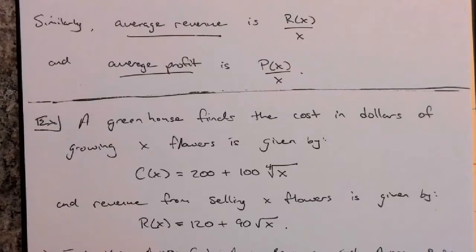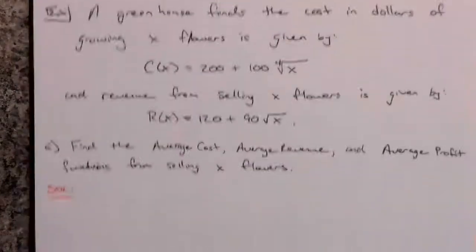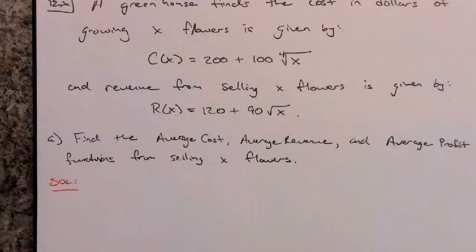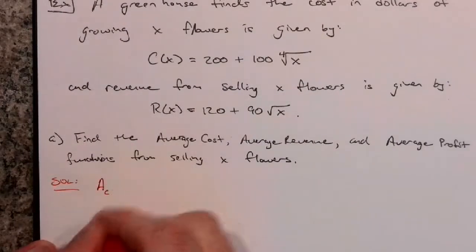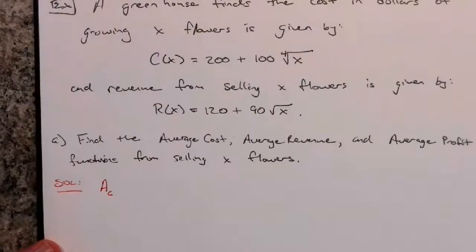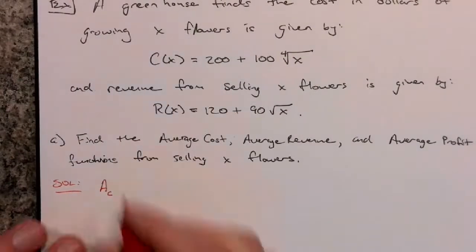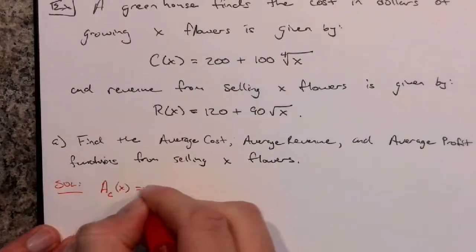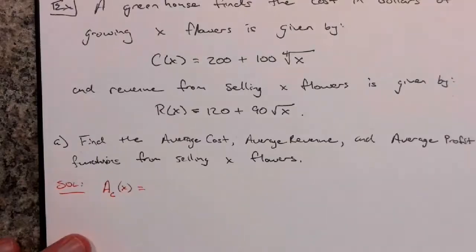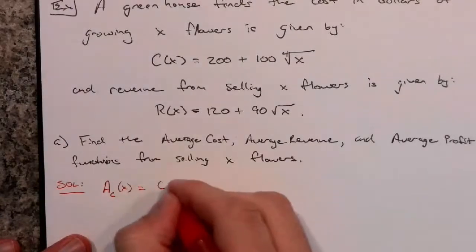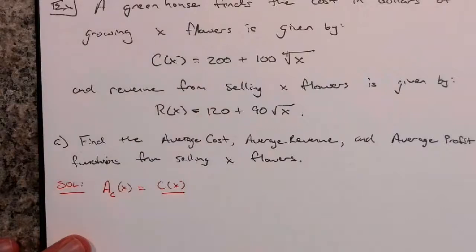So for my solution for part A, let's just talk about what happens here. The average cost, which I'm going to use A with a little subscript C here for average cost. Maybe I'll call it average cost of X, just so we know how we're describing it. So this is the average cost function, and it's equal to the cost function C of X over X, the number of items that you produced.